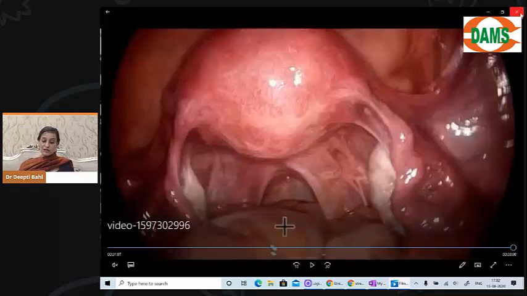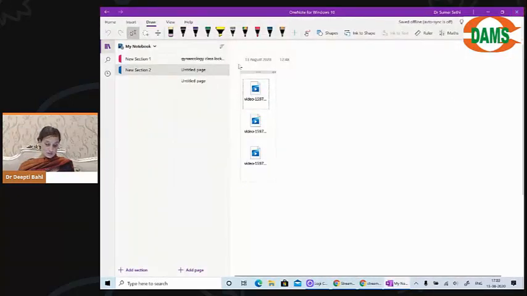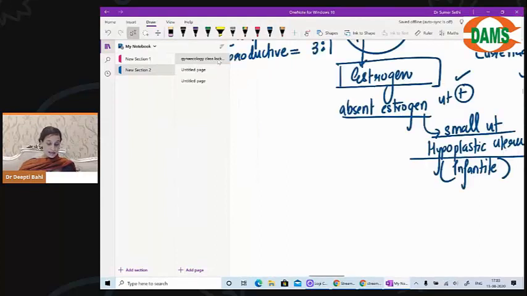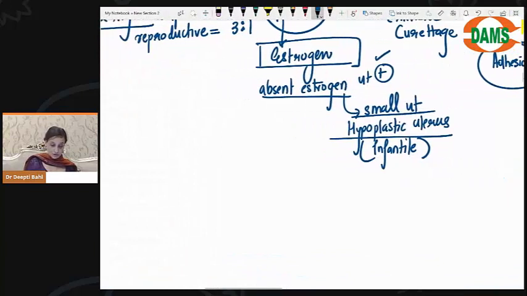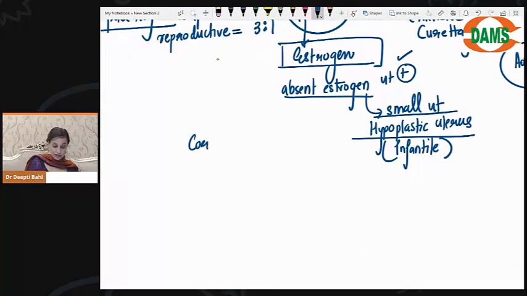1:1 was at puberty, beta. Sorry, at birth. 1:1 at birth. Okay, 1:2 before puberty. It is the ratio of corpus to cervix. Okay, since a lot of you are asking this, before I go to the picture again, corpus to cervix at birth is 1:1.